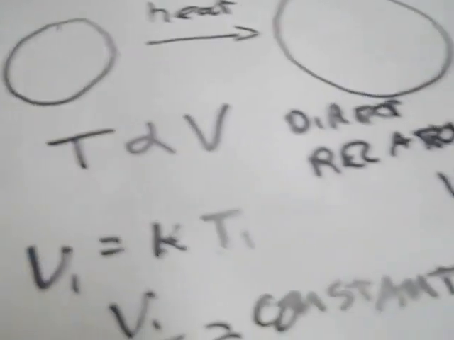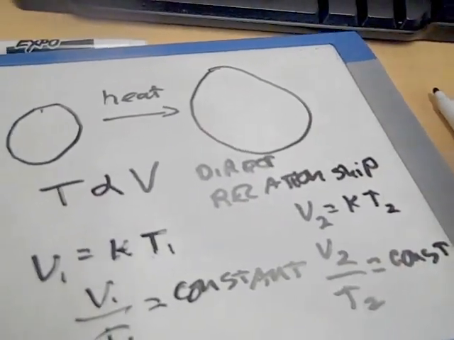We can have another volume and temperature, and if we note that this is true, some constant K, we can set these two equal to each other. V1 over T1 is equal to V2 over T2, because they're both equal to the constant right there. So if I rewrite this, this is what I get.